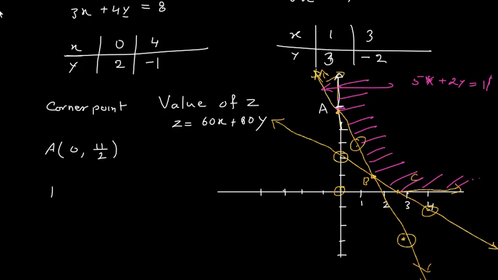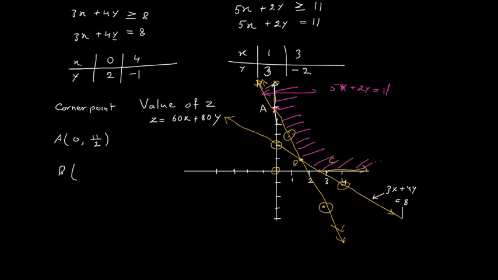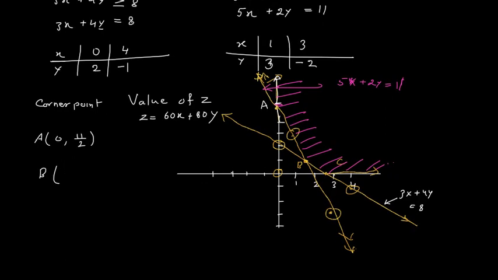Now point B. Point B is the intersection of these two lines. The second line is 3x plus 4y equals 8. So this is our second equation.